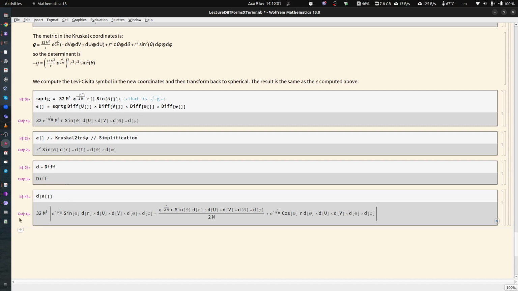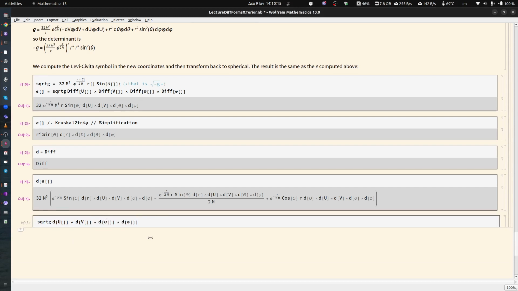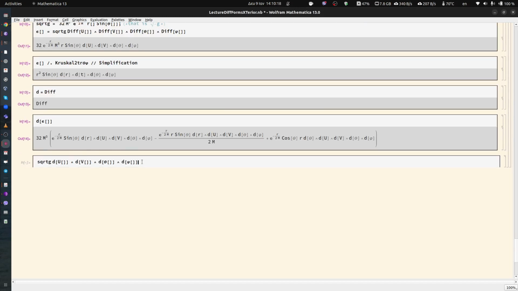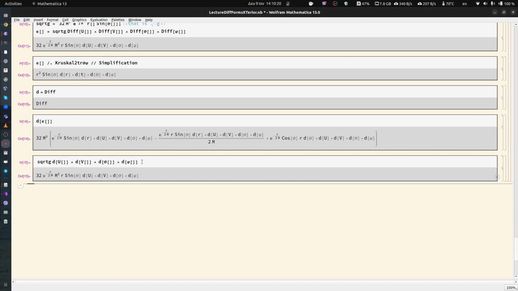So we obtain the same expressions as before. And here is another example of a simplified notation. So here we write the volume element in classical coordinates, square root of g, and now the du, dv, d theta, and d phi are written in easier to use notation.